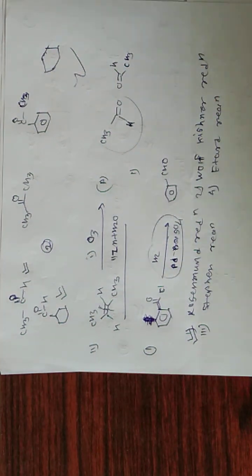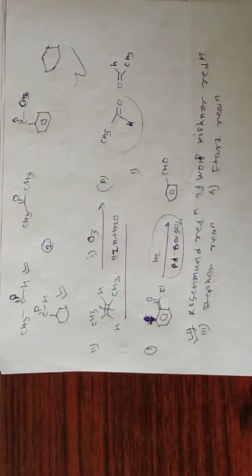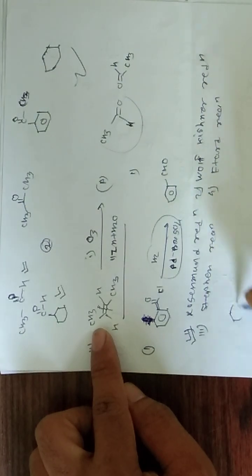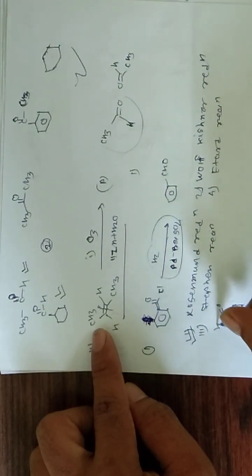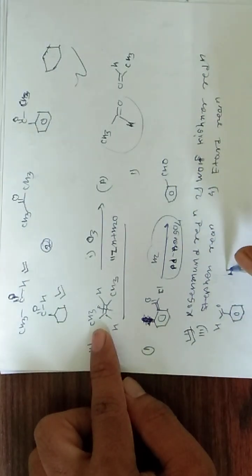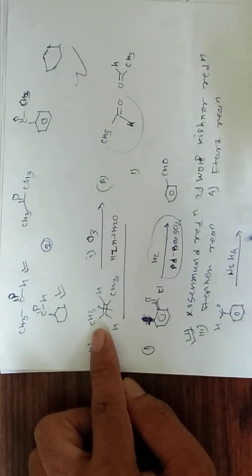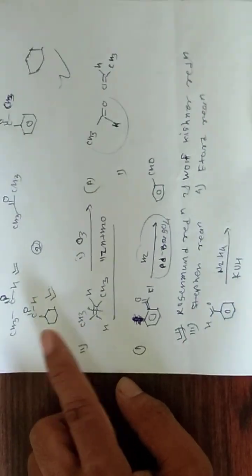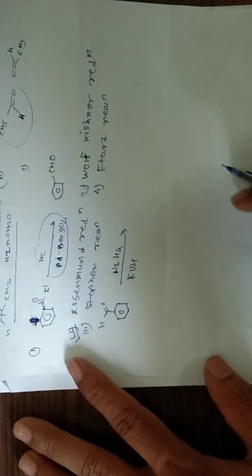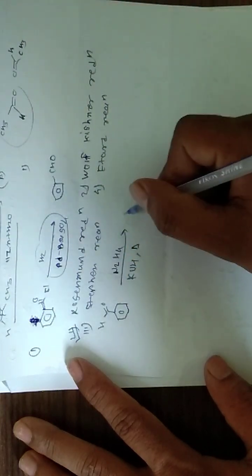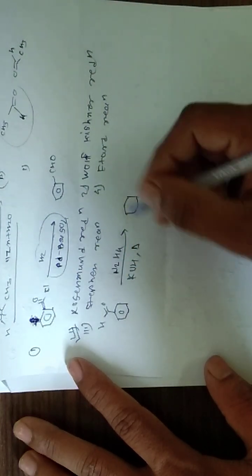So what about Wolff-Kishner, Stephen and Etard reaction? Wolff-Kishner reaction: benzaldehyde in presence of NH2NH2 and KOH by heating gives toluene-type product.